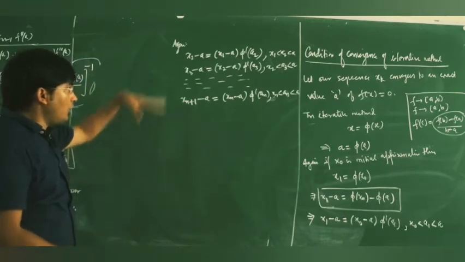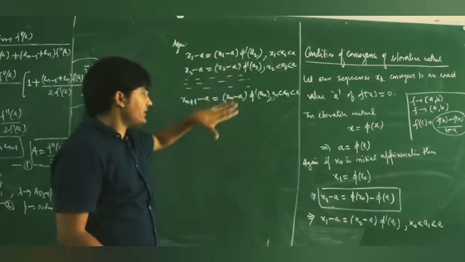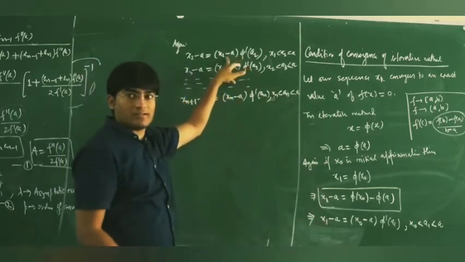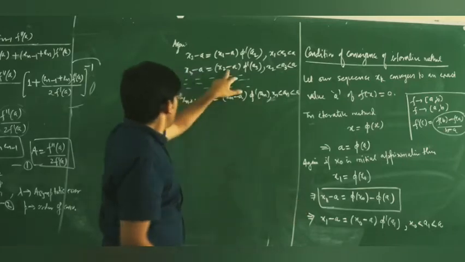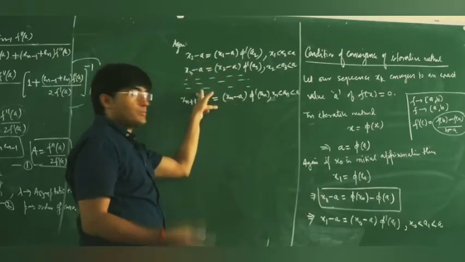If you multiply all these equations on the left hand side and right hand side, you can see that x1 minus a will get cancelled with this x1 minus a, x2 minus a will get cancelled with this term, and xn minus a will get cancelled with the previous term.